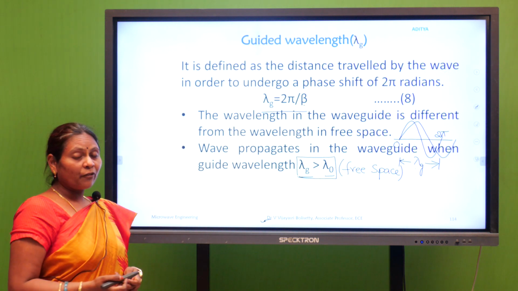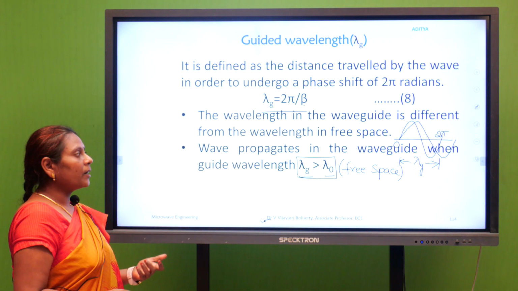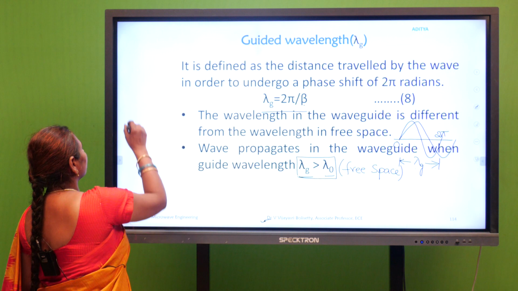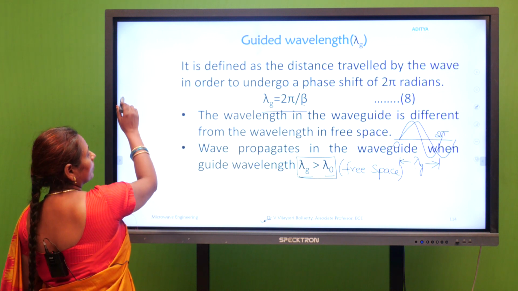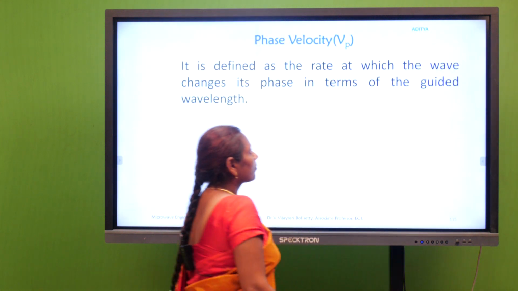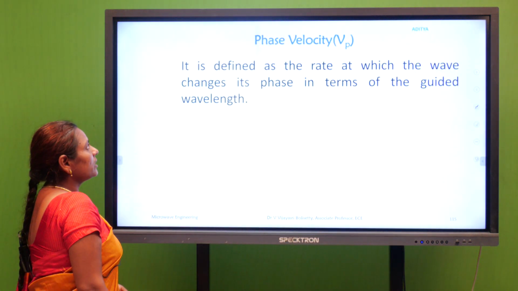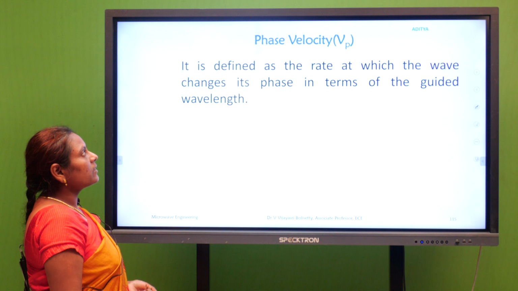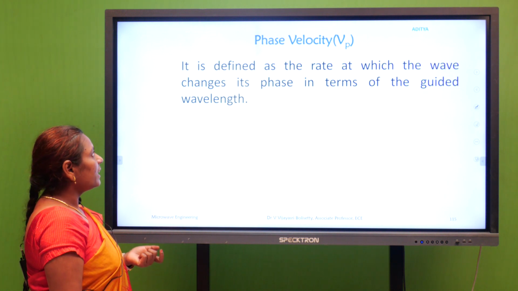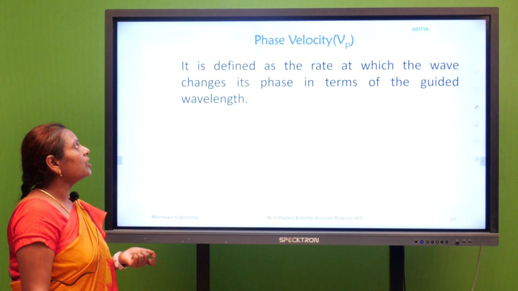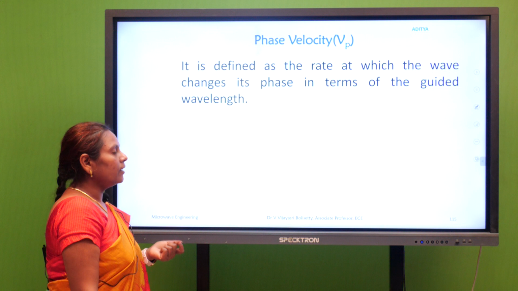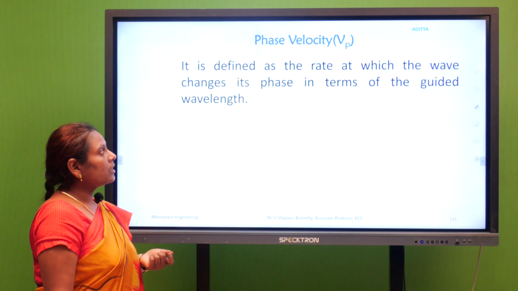Next let us define one more important mode characteristic, that is phase velocity. We represent the phase velocity with v suffix p, and it is defined as the rate at which the wave changes its phase in terms of the guided wavelength.